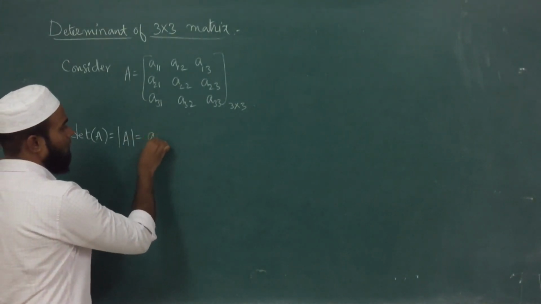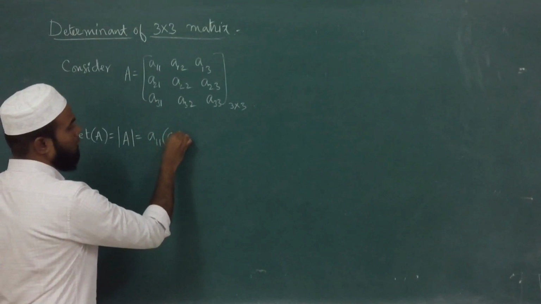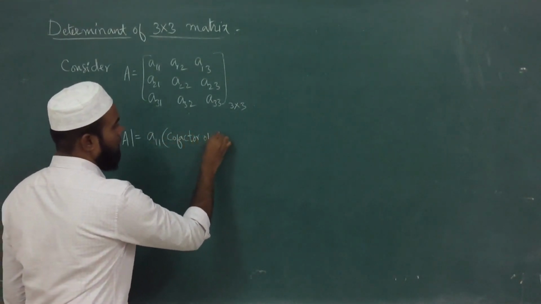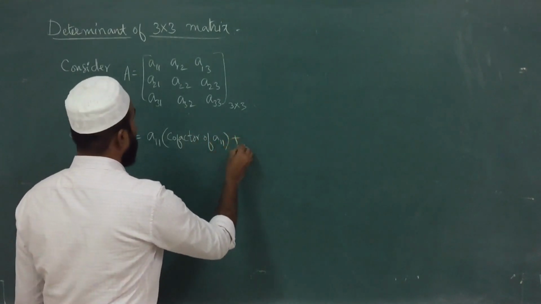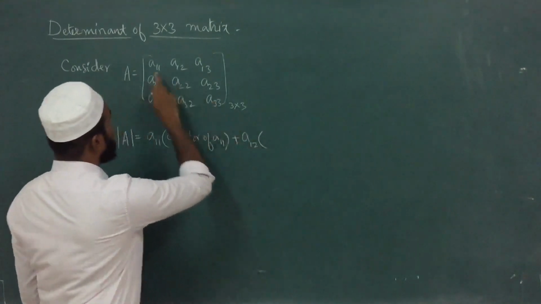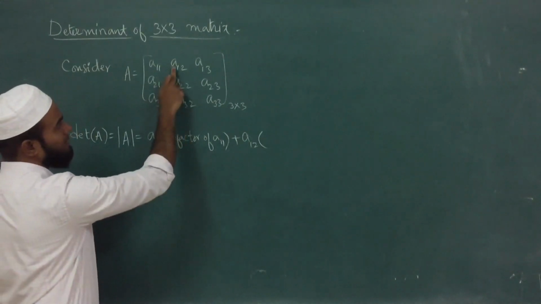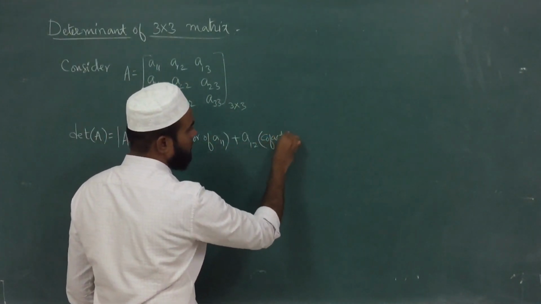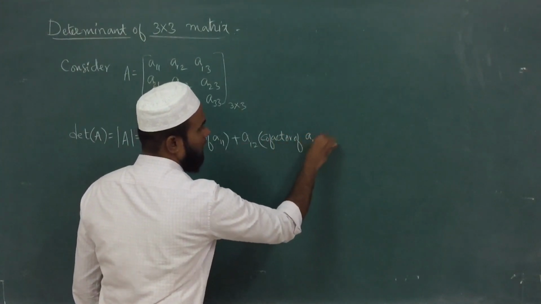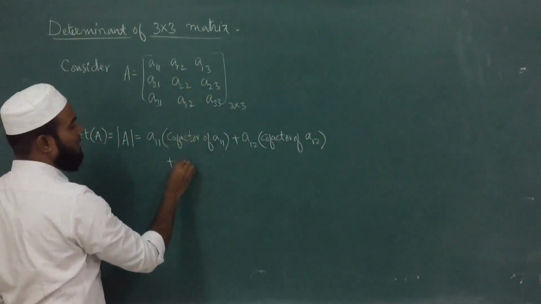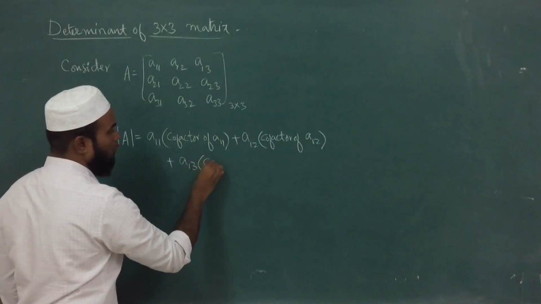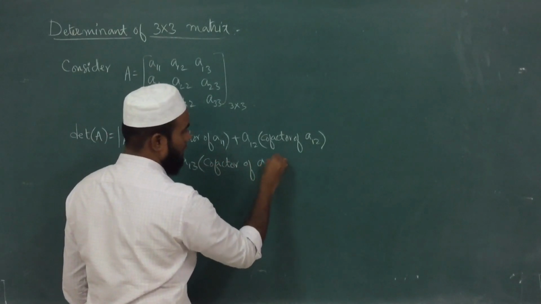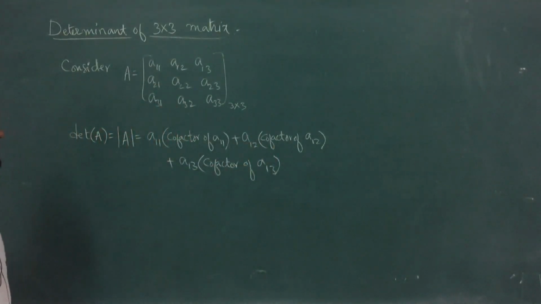I will write here: A11 into cofactor of A11 plus A12, the second entry, into its cofactor of A12, then plus A13 into cofactor of A13, right. This is how the determinant is defined.